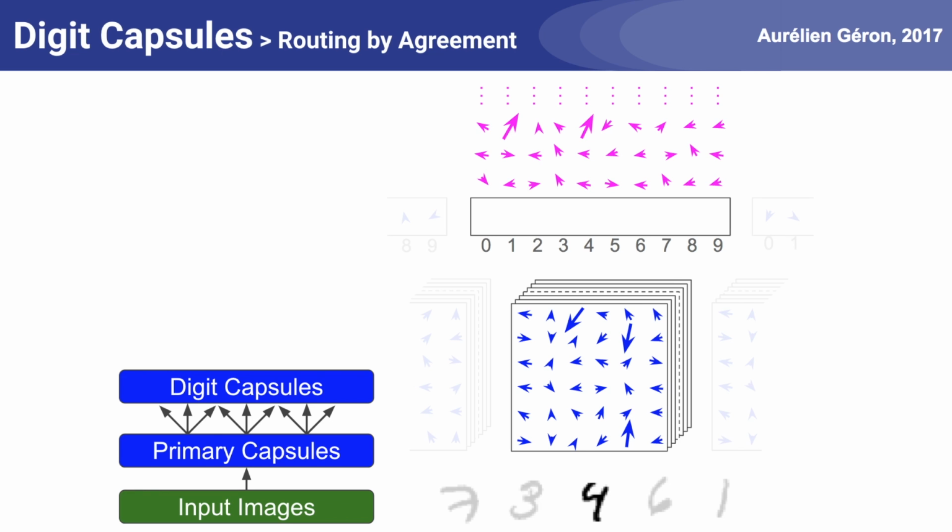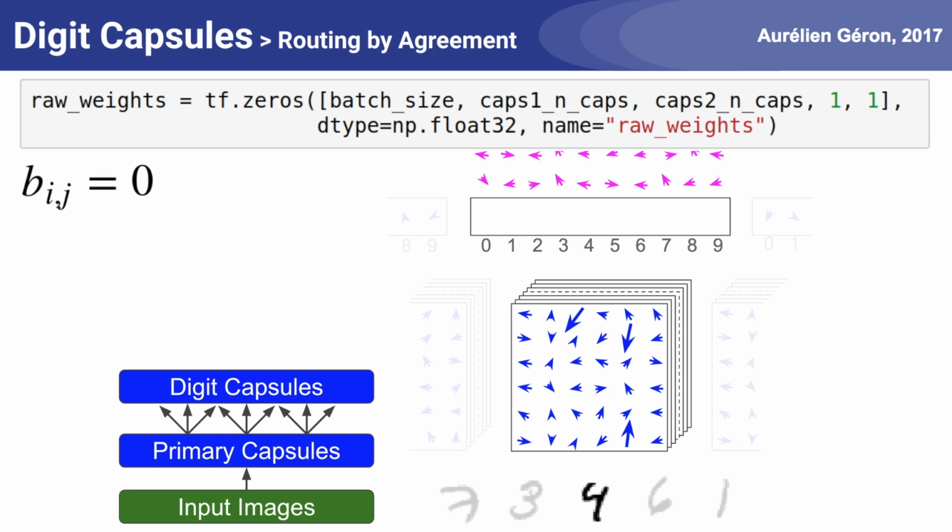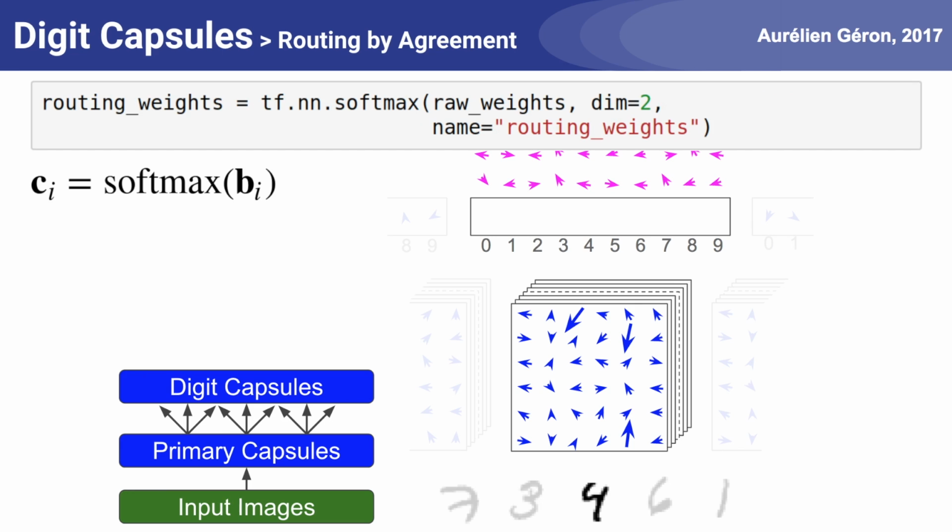The second step is the routing by agreement algorithm. So first, we set all the routing weights to 0. For this, we just use tf.zeros. There's one weight for each pair of primary and digit capsules and for each instance. The last 2 dimensions here are equal to 1. They will be useful in a minute.